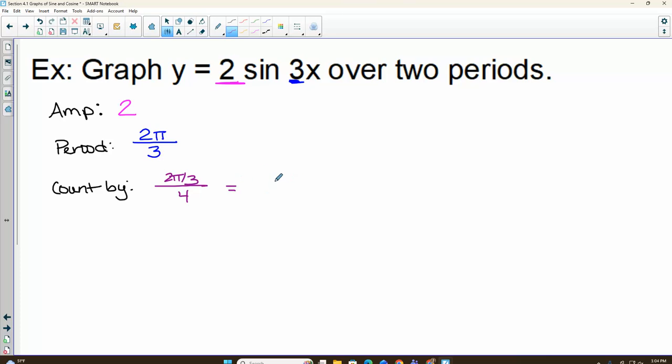Keep it in terms of pi, keep it in fraction form. That being said, if you struggle with fractions, there is no harm in using a calculator and just doing 2/3 divided by 4 and getting your answer and tacking the pi back on. Okay, so that's not a big deal if you need to do that. And we get pi over 6. Okay. This is all the information we need to draw our graph.